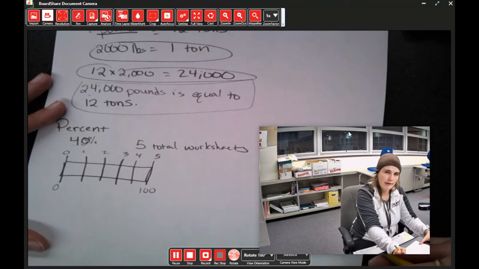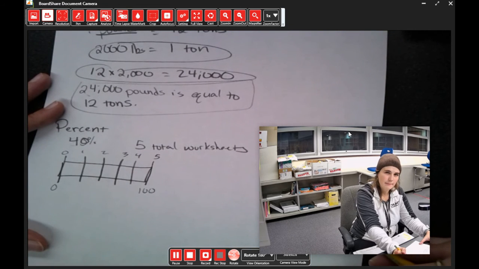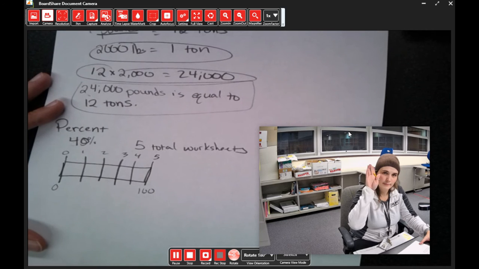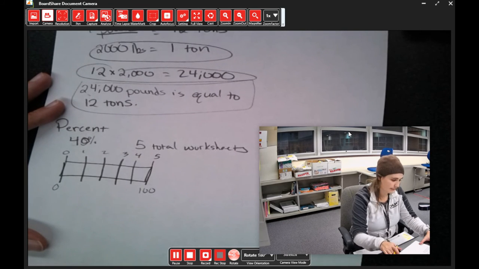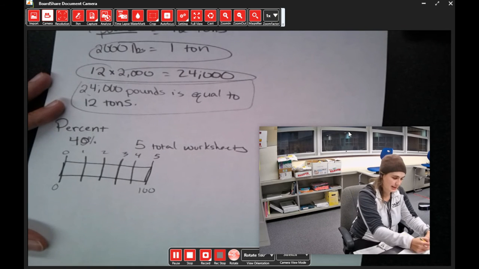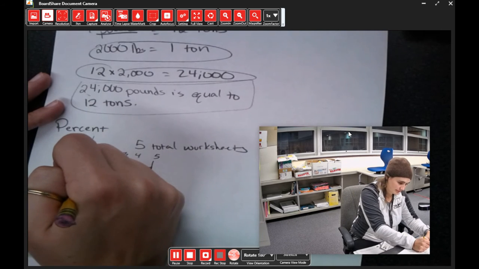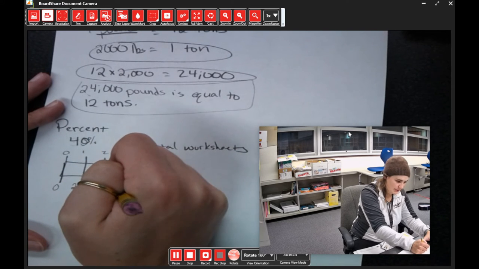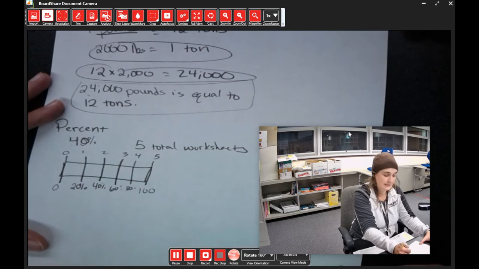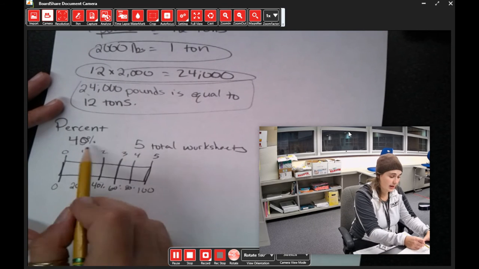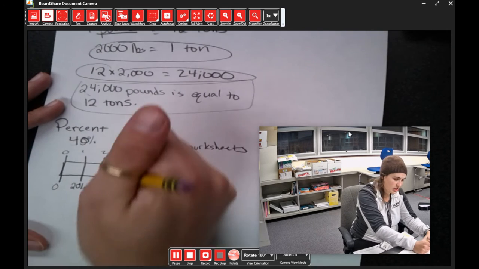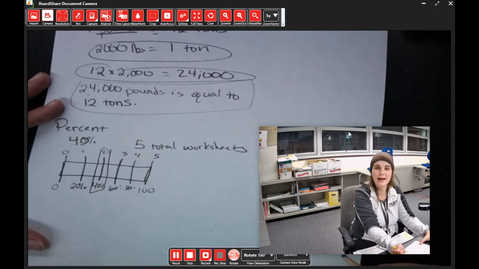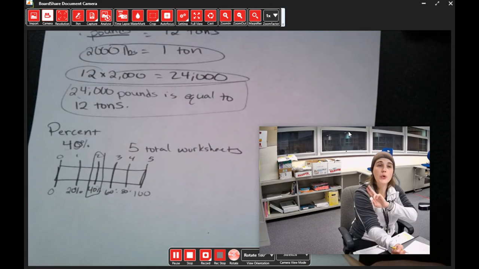What am I counting by for percents on the bottom? 20% is the correct answer. 20%, 40%, 60%, 80%. And I've got 40% of them done, which is this number here, which means I have finished 2 worksheets.